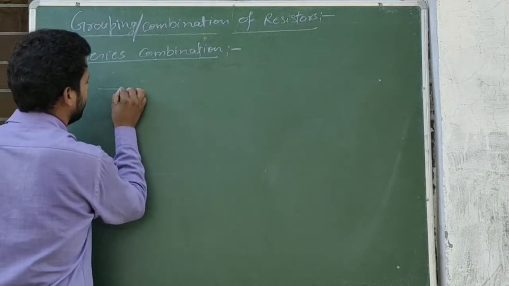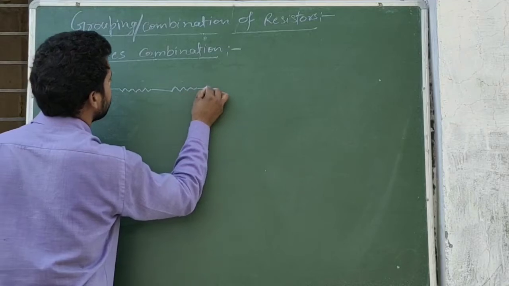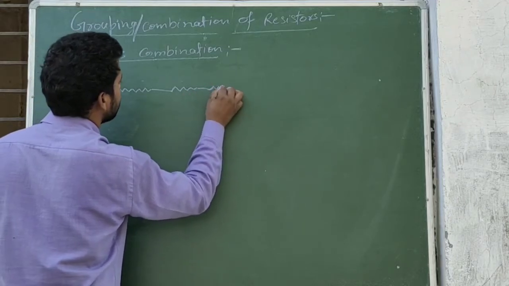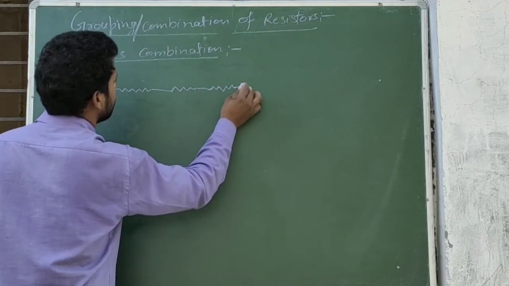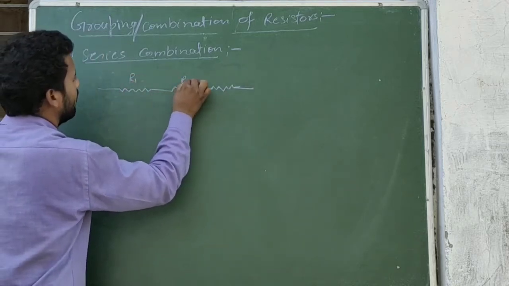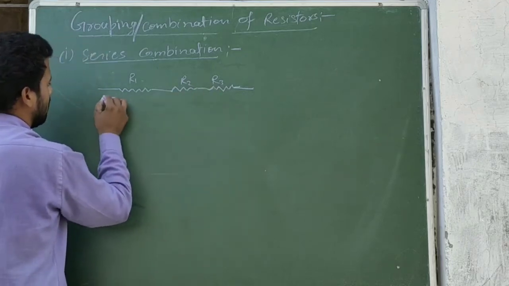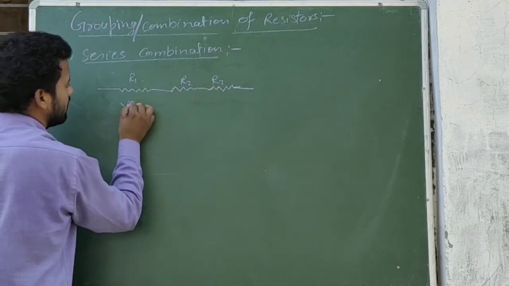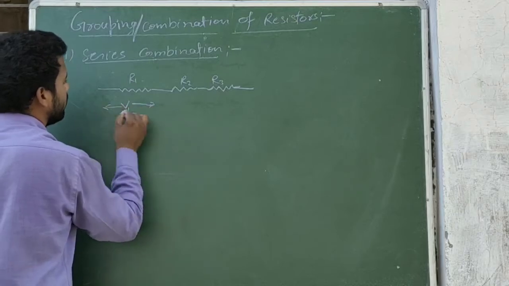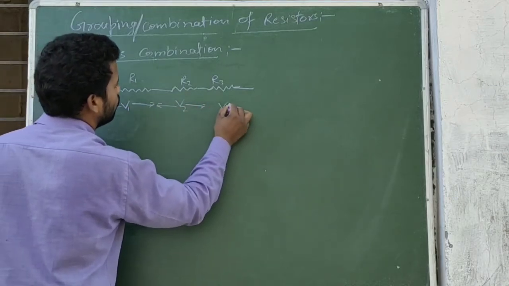Suppose three resistors of resistances R1, R2 and R3 are connected in series, and the potential differences across these resistors are V1, V2 and V3.